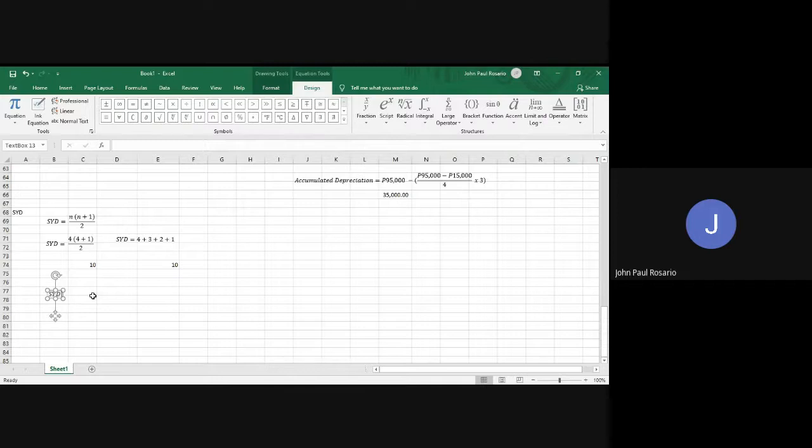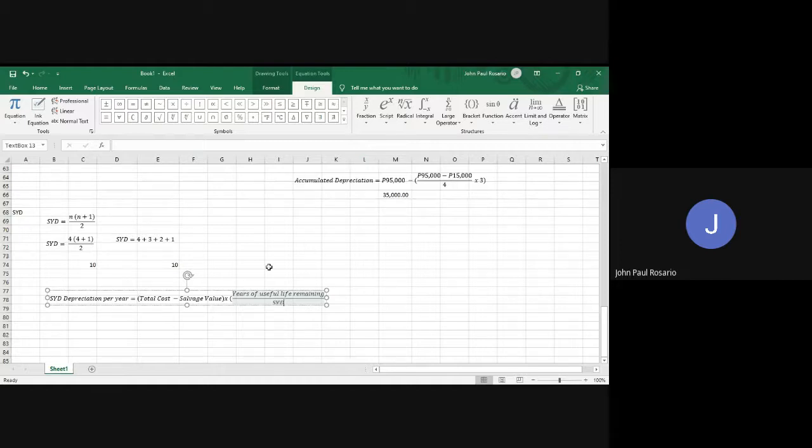So your SYD depreciation per year will be the total depreciable value, or your total cost less salvage value, and then you multiply that with the fraction: years of useful life remaining over the SYD, the sum of the years digits.